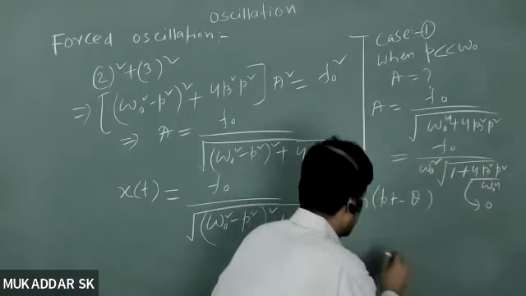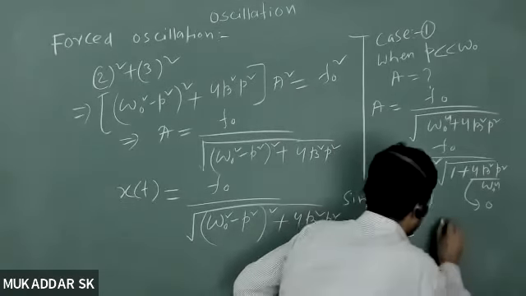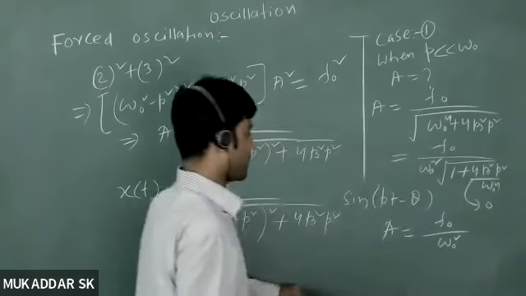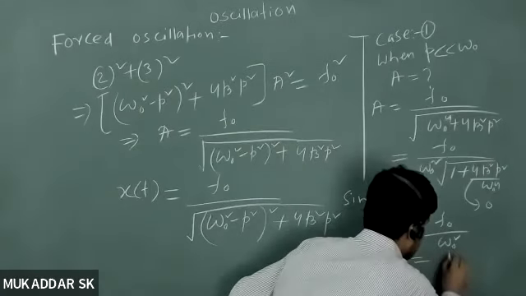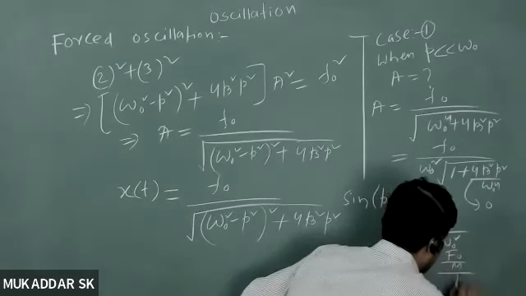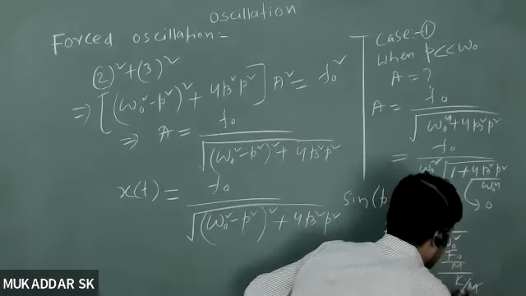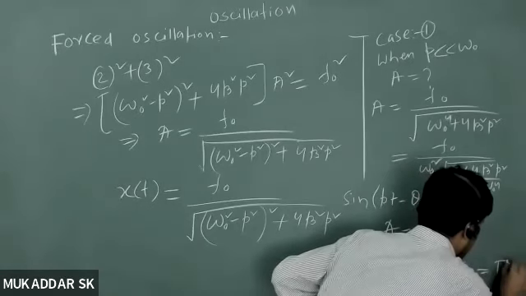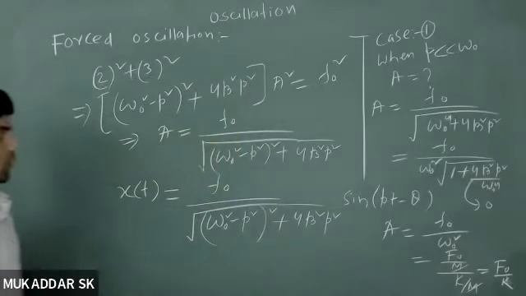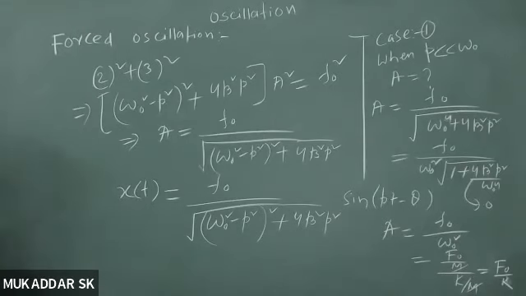So in that scenario, your amplitude of oscillation will become f naught by omega naught square. Okay. And you know what is f naught? F naught was nothing but capital F naught by mass, and omega naught square is nothing but k by m, right? So m will be gone. So simply you will get f naught divided by k. F naught divided by k. So under low driving frequency, the amplitude of oscillation is equal to f naught by k, right?